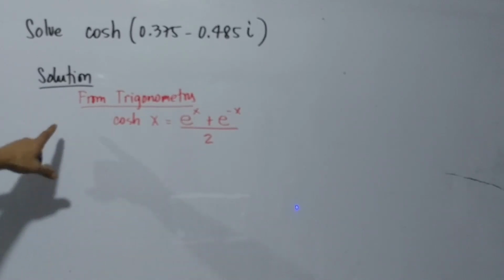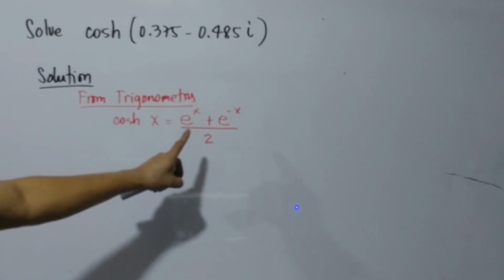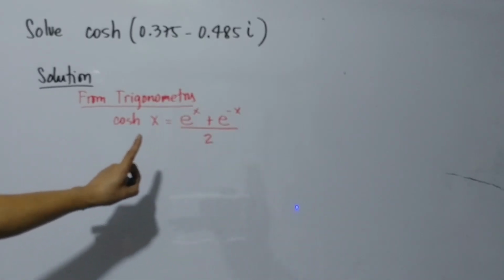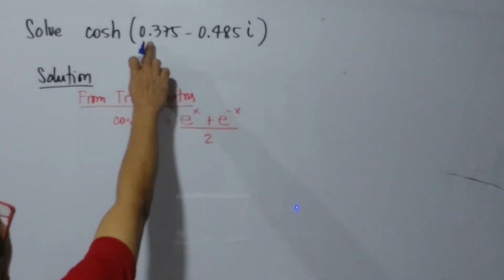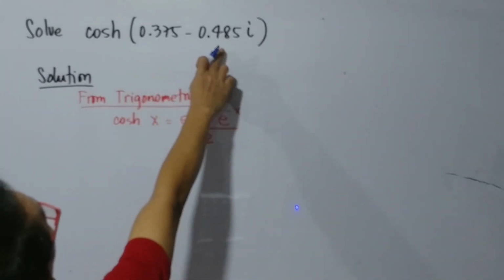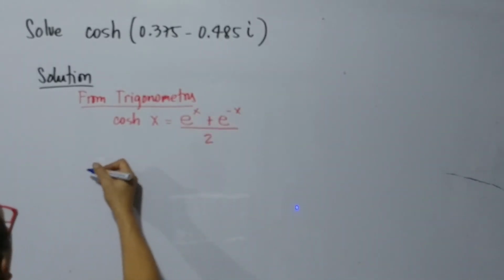So from trigonometry, we have the hyperbolic cosine of x is equal to e to the x plus e to the minus x over 2. So with that, we have now the pattern. So our x now is 0.375 minus 0.485i.